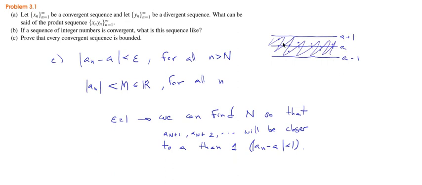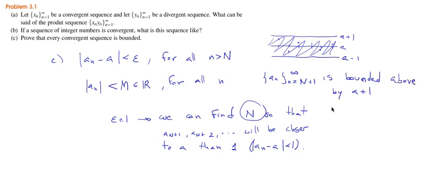So the sequence after this capital N, a_n from n equals N+1 to infinity, is bounded above by a plus 1 and bounded below by a minus 1.